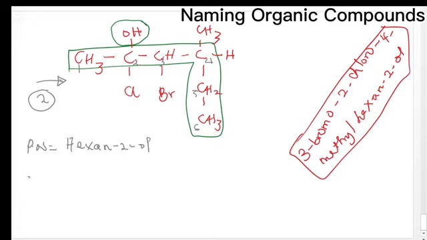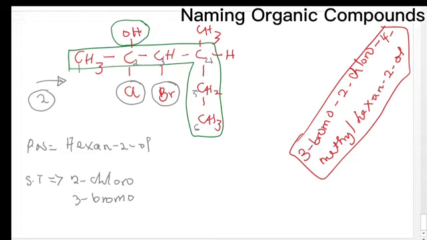Then we now take the substituents. What are the positions of our substituents? The chlorine here is on position 2, so that's a 2-chloro, right? The bromine here is on position 3, that's a 3-bromo. We have another CH3 here, that's a 4-methyl, right?